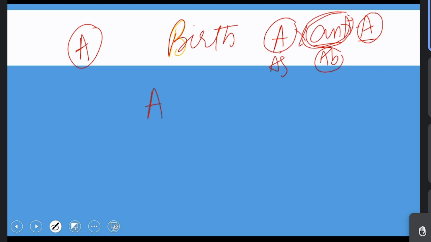So if the same person with A antigen also has anti-A in his blood, what happens? Both react with each other, good and bad react with each other. What happens? One of them or both of them have to die. So the RBC is said to be broken down. So the person with A blood group should not contain anti-A. Likewise, there is a person with B blood group.